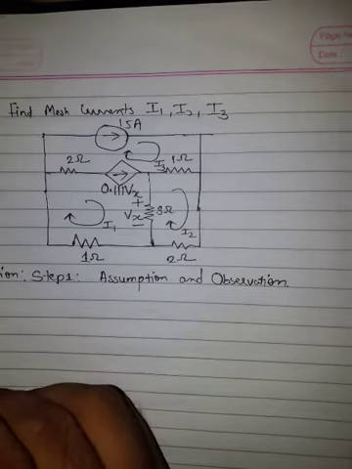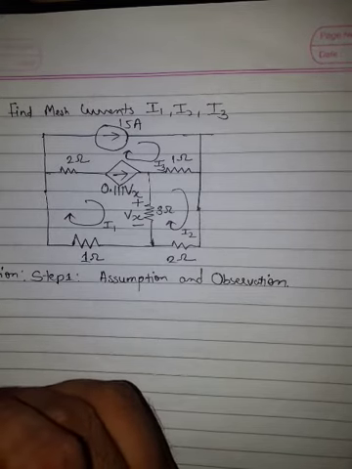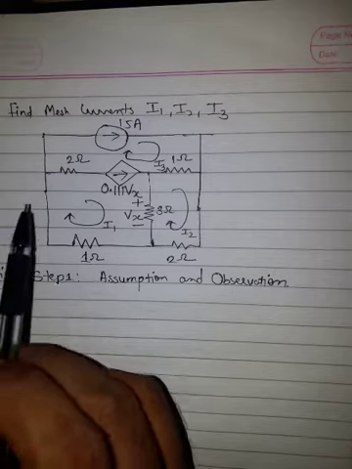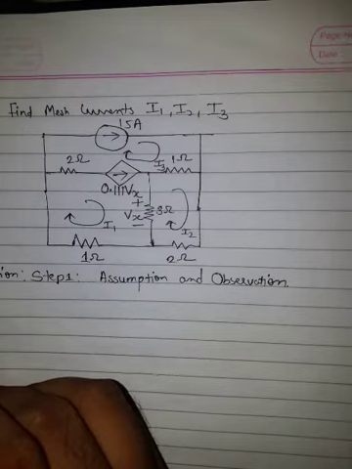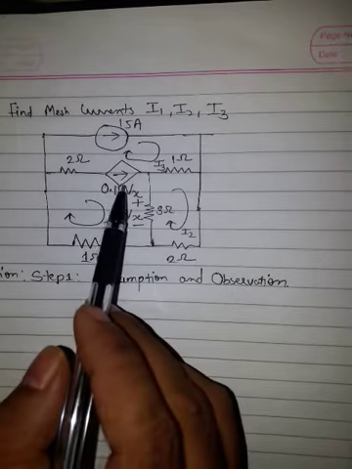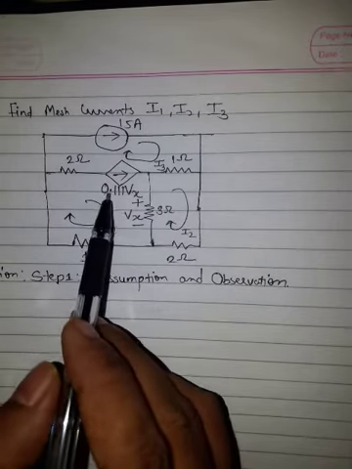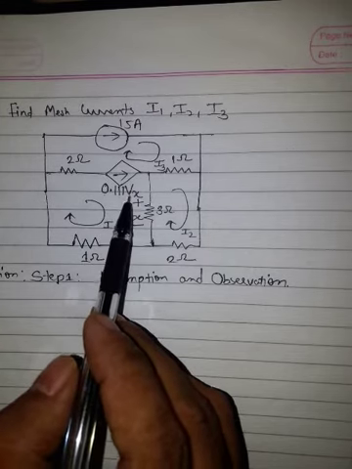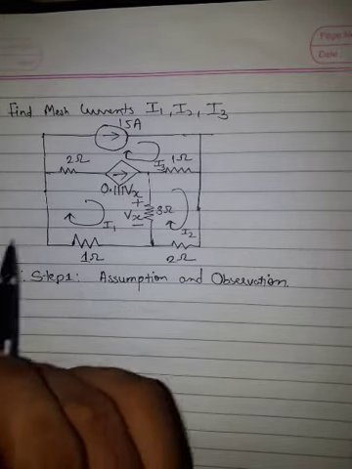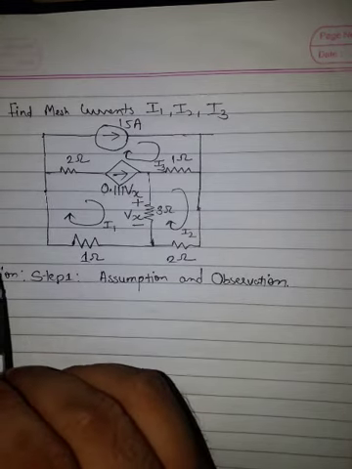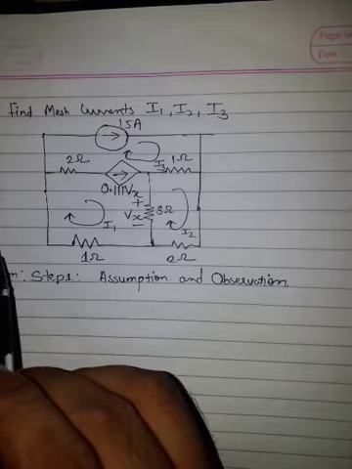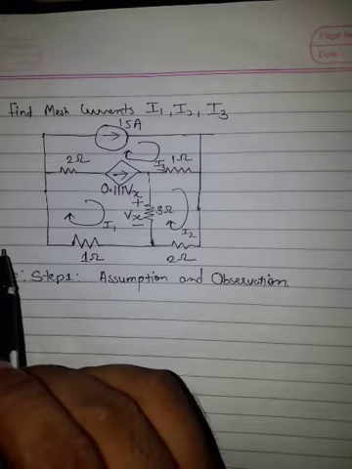From observation of this circuit, we can see there is a 15 ampere current source. There is 0.111 Vx. This is also a current source, but this is a dependent source. 0.111 Vx is a dependent current source.